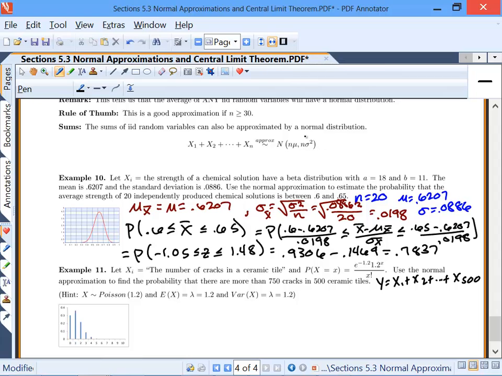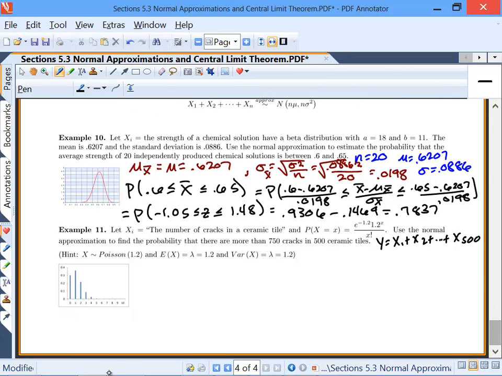Okay. Notice that works for any original distribution. So even though the Poisson distribution is definitely not symmetric, it's not even continuous, it's discrete, but even though it doesn't look like the normal distribution, by the time I find the sums they will be normally distributed.